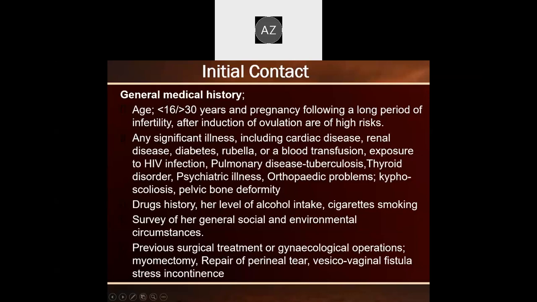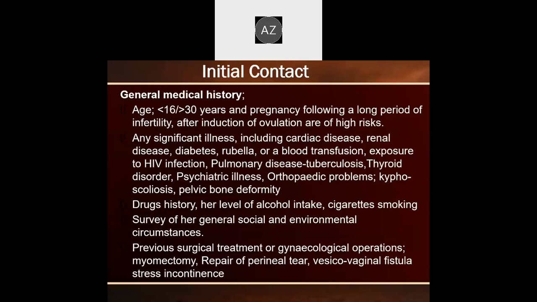Any significant illnesses include cardiac disease, renal disease, diabetes, rubella (German measles), blood transfusion, exposure to HIV, pulmonary disease such as TB, thyroid disorder, psychiatric illnesses, orthopedic problems, kyphoscoliosis, and pelvic bone deformity. All these are considered high risk.